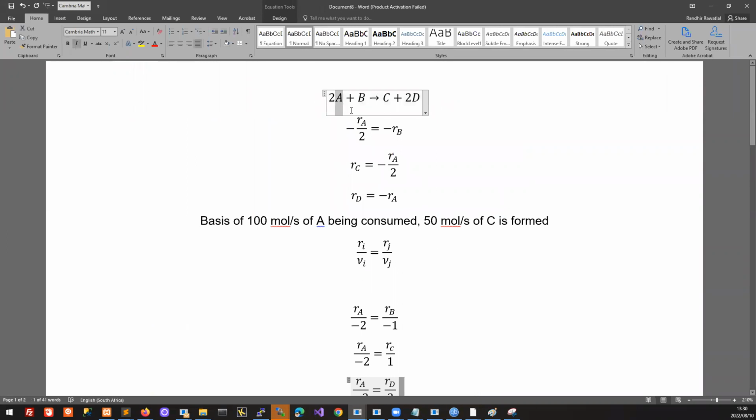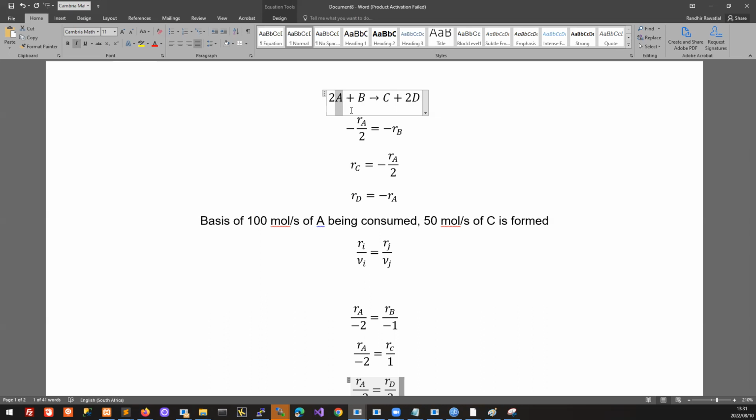That helps us with reducing the number of variables. Obviously, in doing our calculations, we don't want hundreds of variables floating all over the place. So for example, for conversion, we'd like to get away with just one definition. We'd rather pick one component and define the conversion based on that one component.